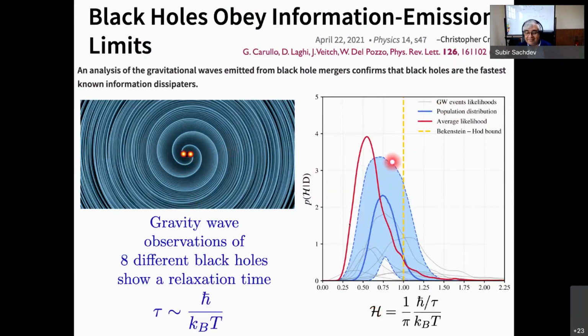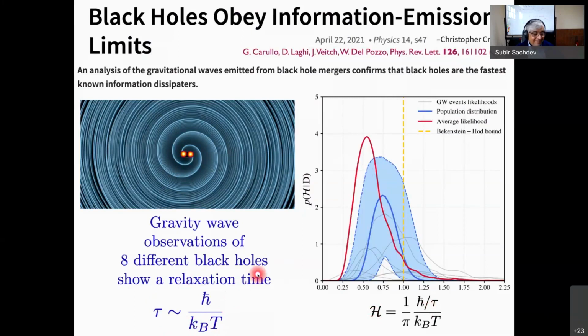And what they find is that this time times pi is not so far from my favorite time, the Planckian time, h bar over kT, where T is the Hawking temperature of the black hole.